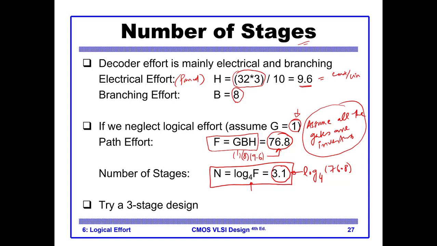What this means is that from these calculations, just by knowing our load at the output and our branching effort, we are able to say that in order to drive this much output load, we need at least 3 stages.